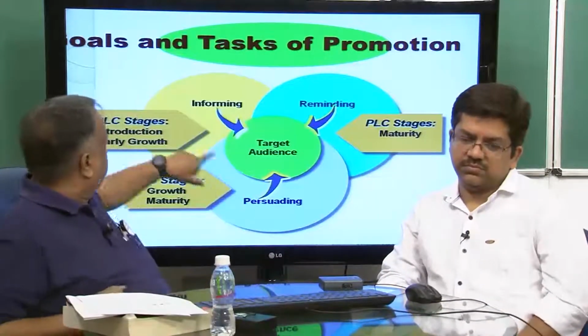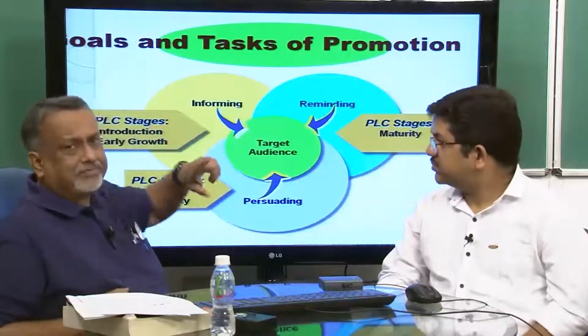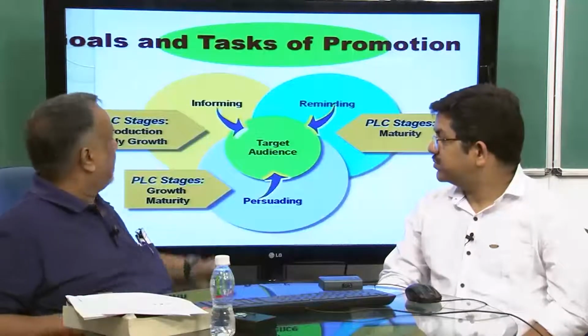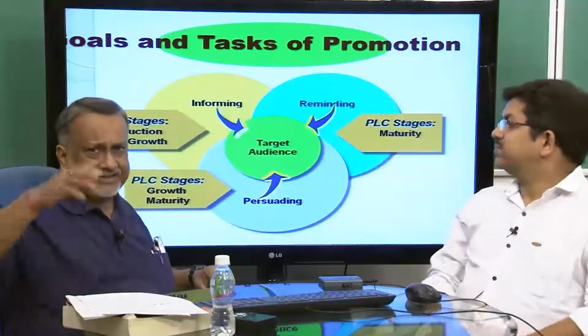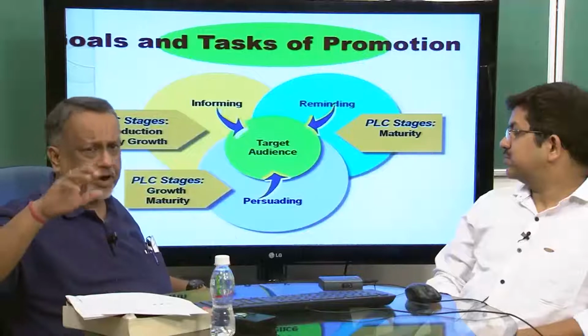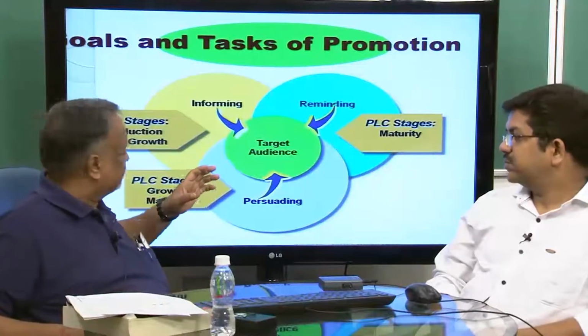this is at the PLC stage. I was mentioning, when Professor Mishra was talking yesterday on the product life cycle stage, that there is a close correlation between the product life cycle and our promotion strategy.